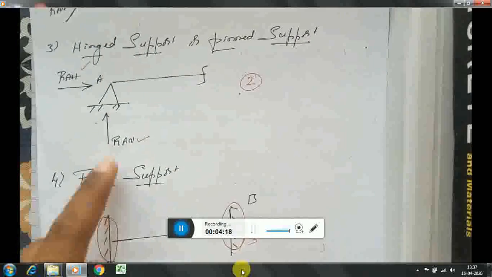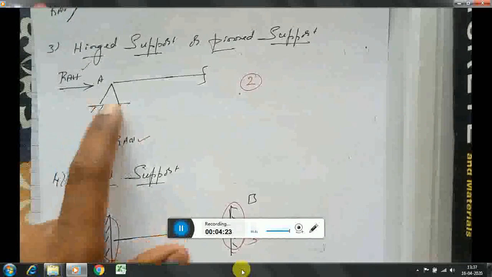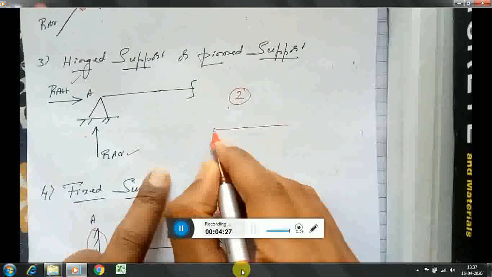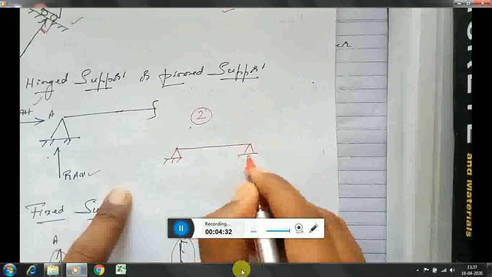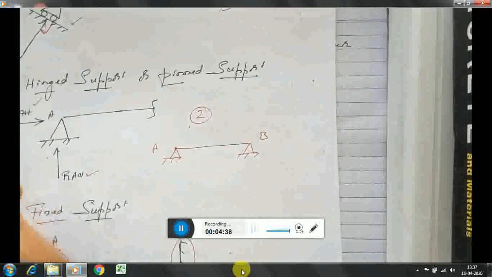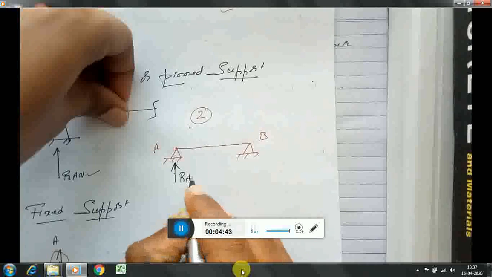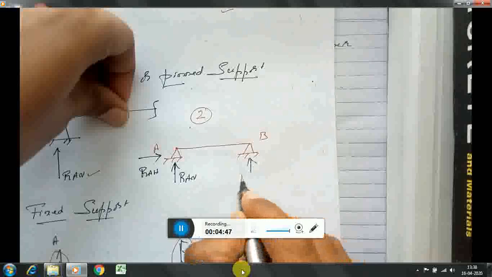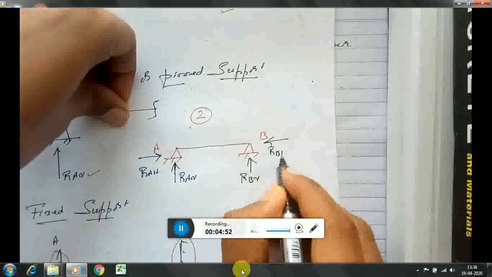The hinged support produces two reactions at a particular point, RAV and RAH. So if I have a beam with a hinged support at both ends, A and B, as we can see in the diagram, this is the reaction at A in the vertical direction, the reaction at A in the horizontal direction, the reaction at B in the vertical direction, and the reaction at B in the horizontal direction.